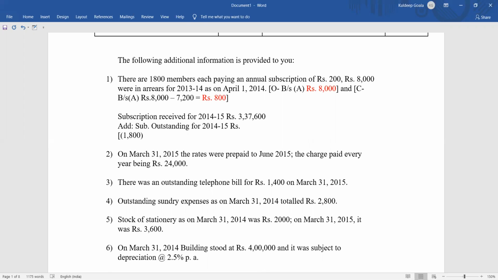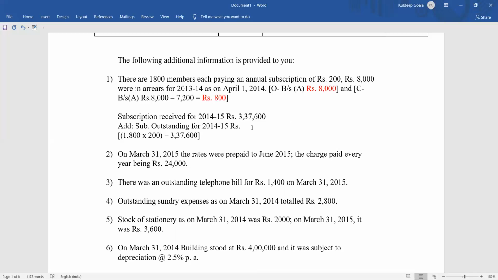So 1,800 multiplied by 200 rupees, the subscription that they must pay, minus how much we have already received. We have already received 3,37,600 rupees, isn't it?